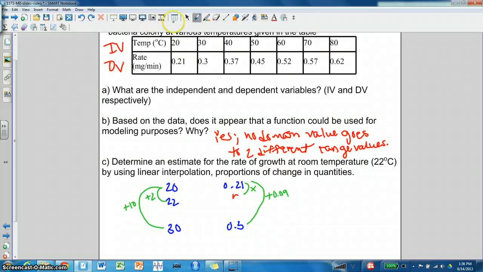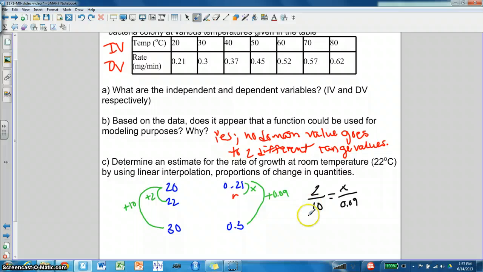Okay, and as I mentioned earlier, we're just going to set up a proportion. So 2 is to 10 as x is to 0.09. Now the reason we can set up a proportion here is because we are using linear interpolation.